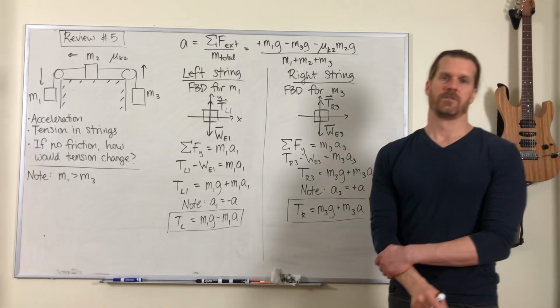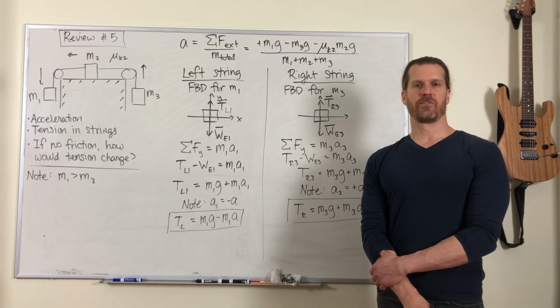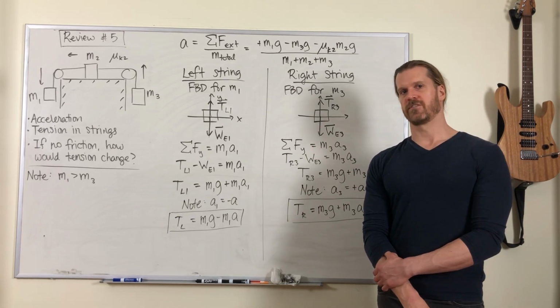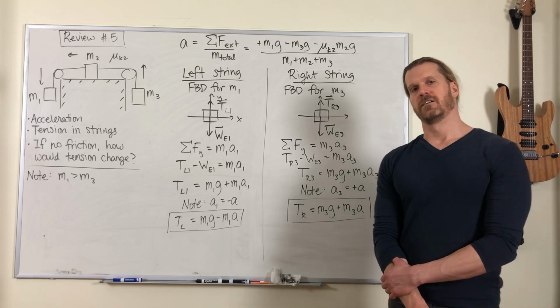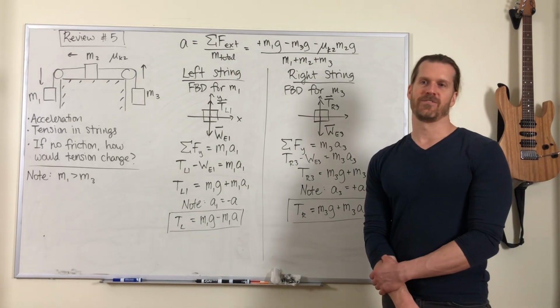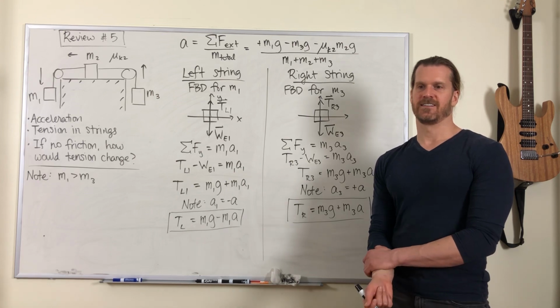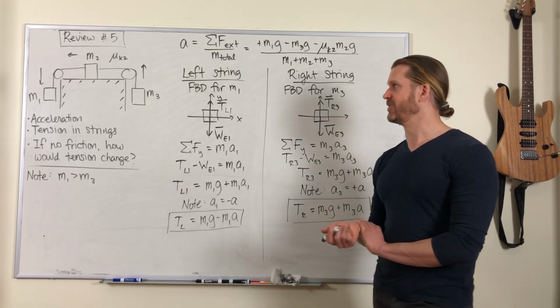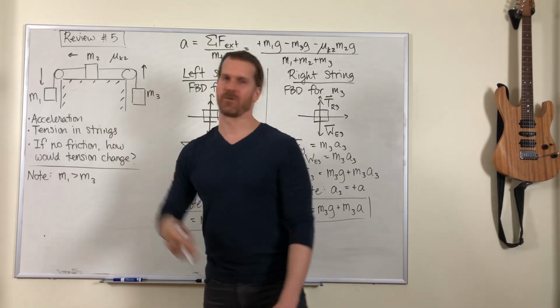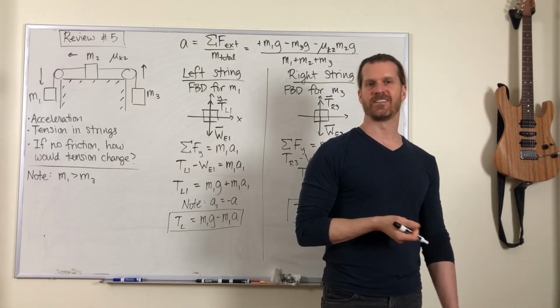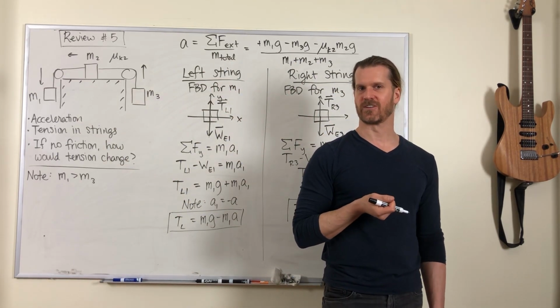All right, so in terms of exam questions, I'll tell you right now that I am not likely to give you this exact setup in a system of connected objects kind of question.